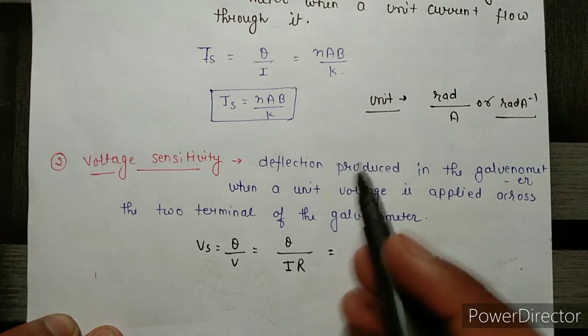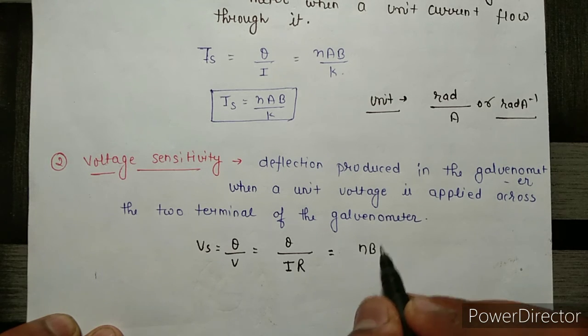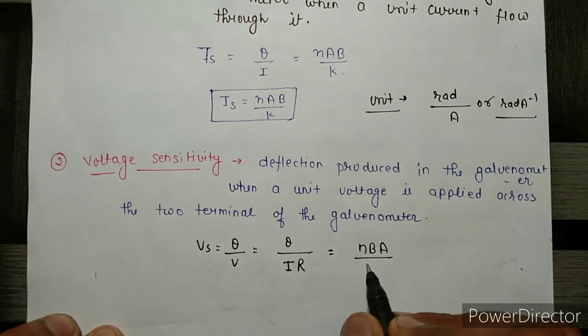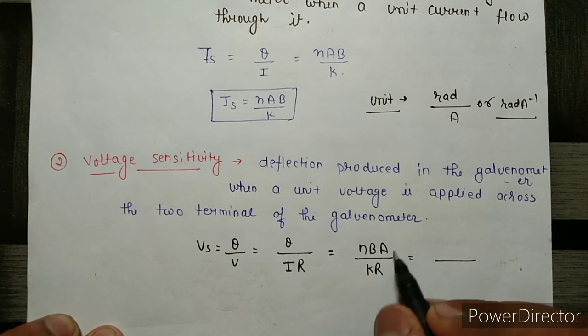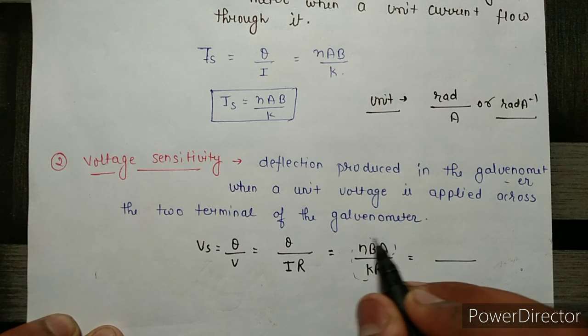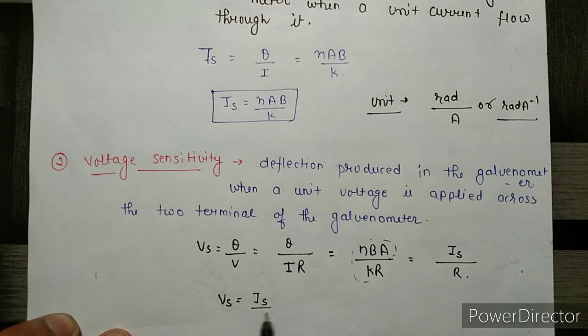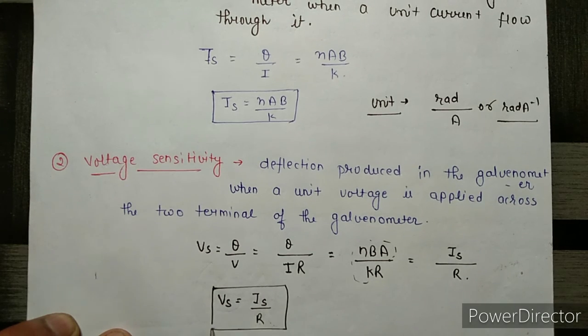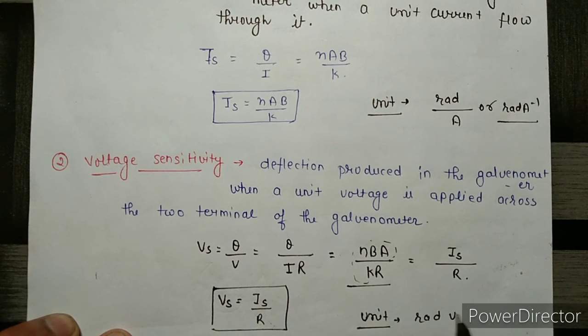After putting the value of I, we get NBA upon KR, and this can also be written as current sensitivity upon R. So we can say that Vs is equal to Is upon R. Similarly, the unit of this voltage sensitivity is radian volt inverse.